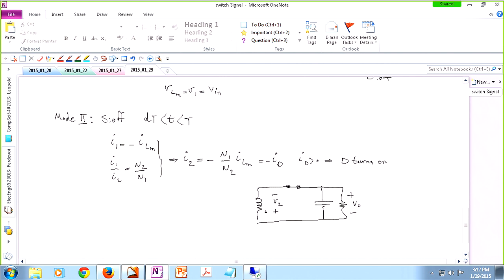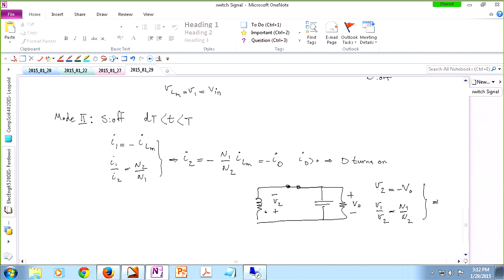So if the diode is on, V2 is the opposite of V out. And remember, we have an ideal transformer: V1 over V2 is N1 over N2.